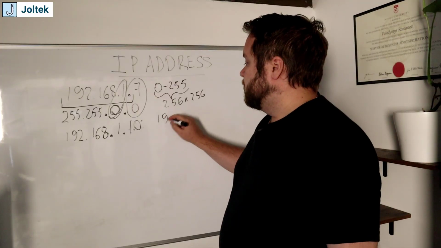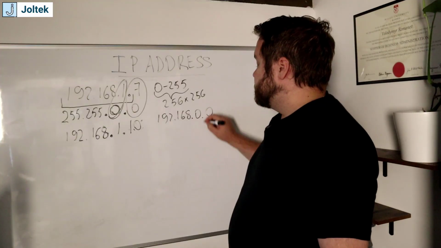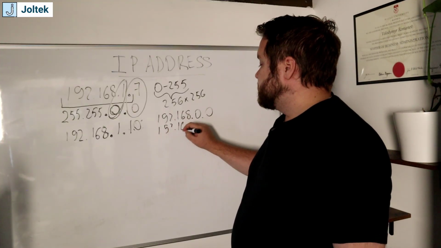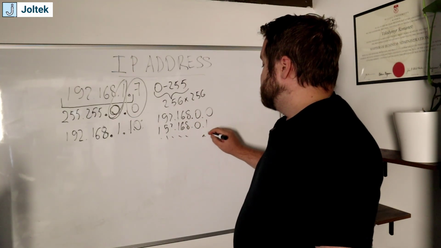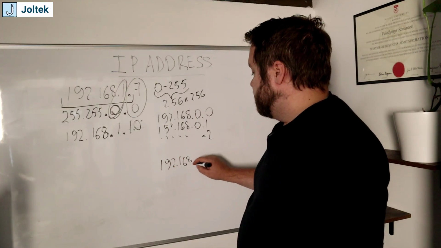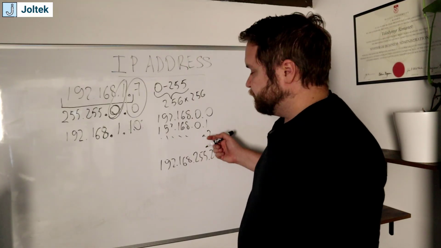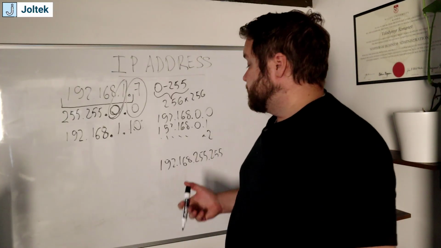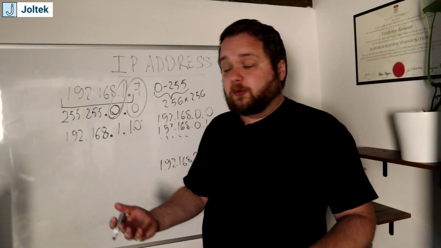Well, 192.168.0.0 is going to be the first one, so this is going to be 192.168.0.1, same thing, .2, all the way to 192.168.255.255. So think of it as you increment just like you would in normal decimal variations, the numbers at the end, then it overflows to the other one, and so on and so forth.